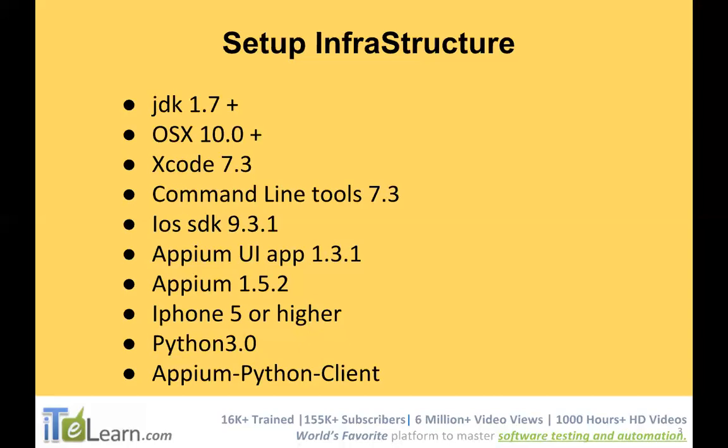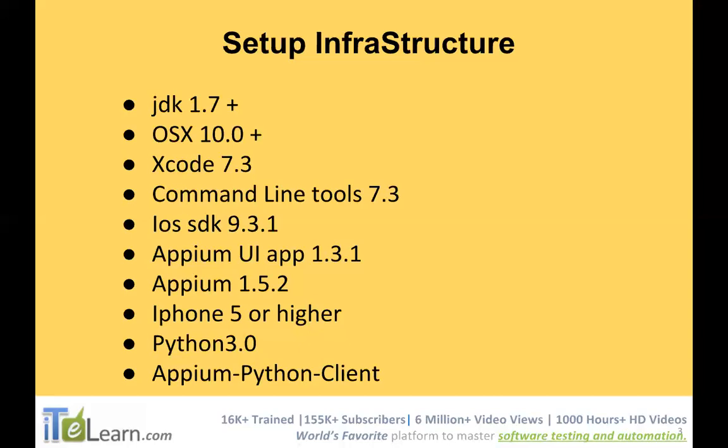Now in this course, mostly I will be showing you on a real iPhone device where I have currently a 5 version, and it has a 9.3.1 OS in it. So iOS version is 9.3.1. That's why I have used an SDK of 9.3.1.